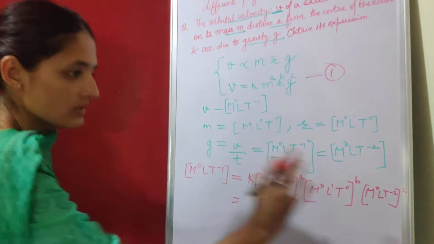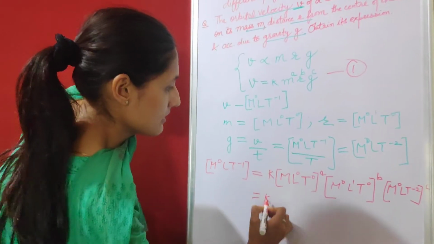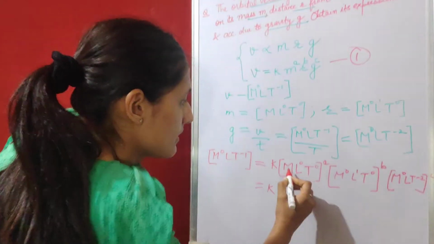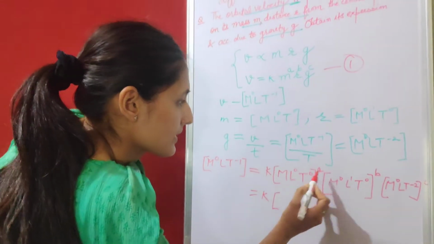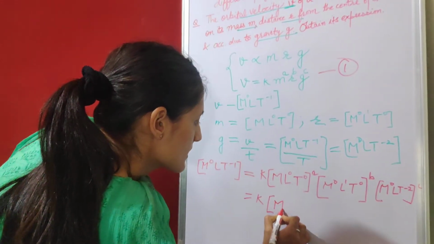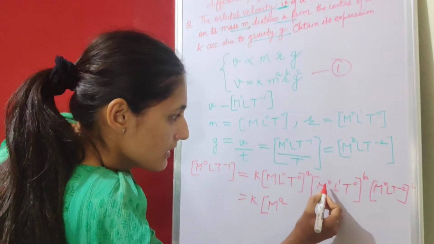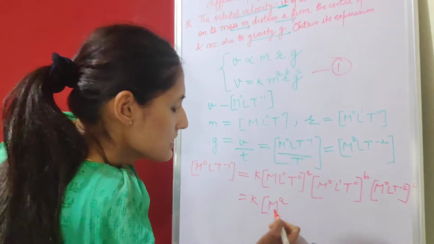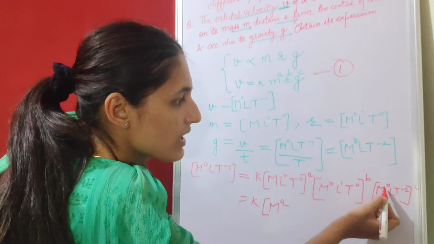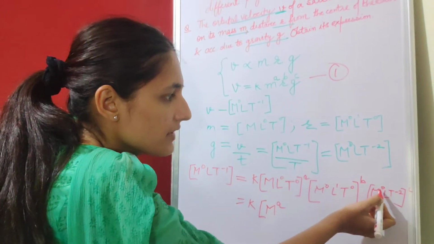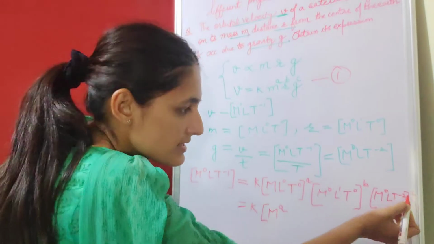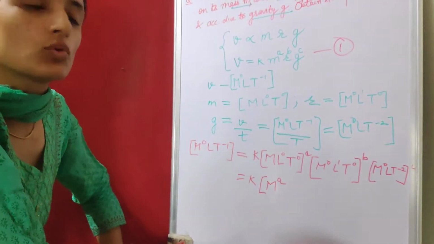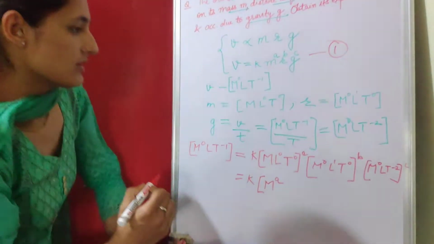Now solve these. When bases are the same, powers are added. Mass's whole power is a, so you can write it as M to the a. Anything raised to the power 0 is 1, so no need to write. Here also mass has power 0, and when you solve it, 0 multiplied by c gives 0 only. So mass only has power a.